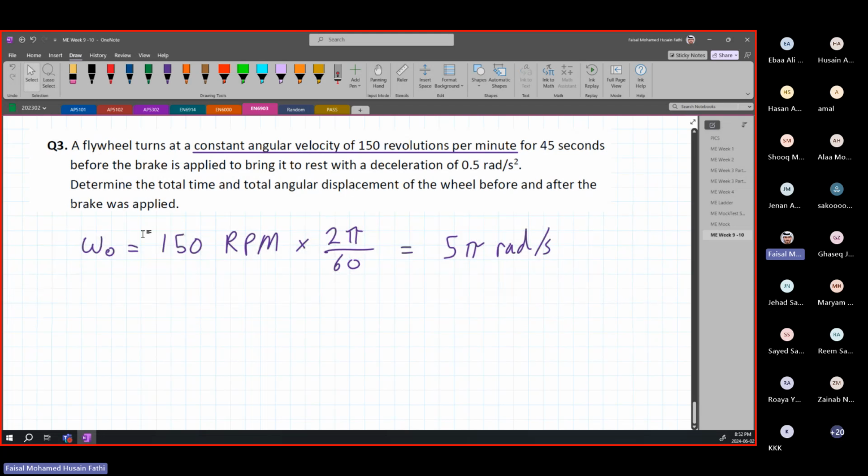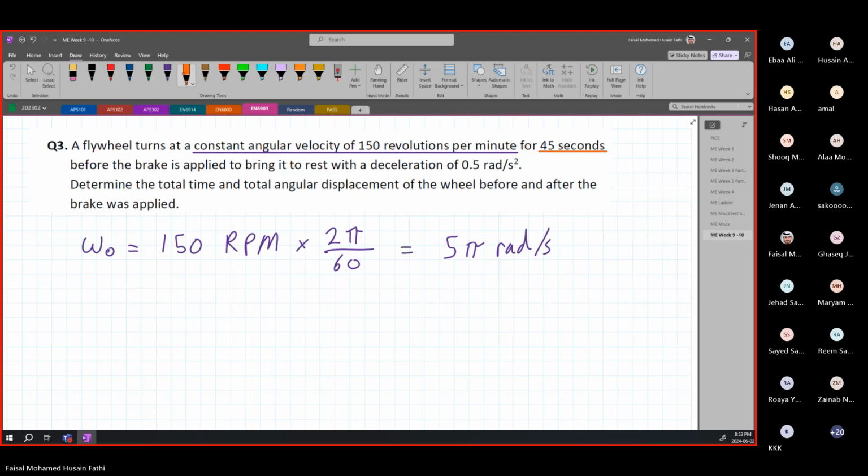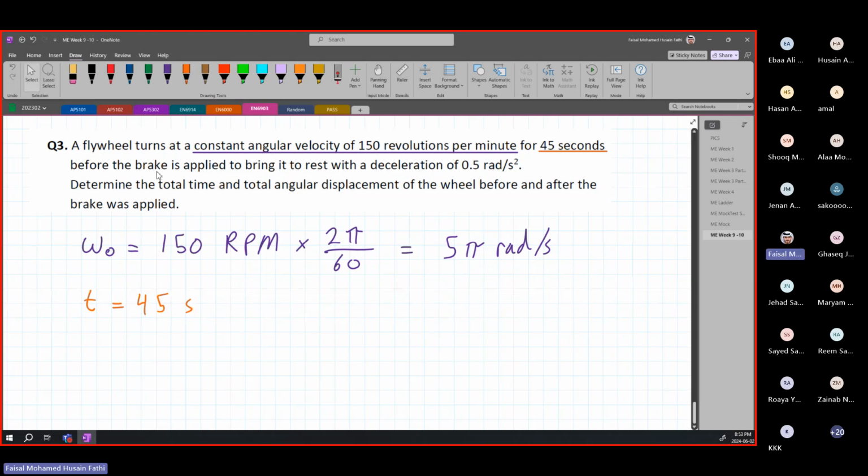From the very first sentence, I got that my omega 0 is in RPM. The first thing I do is convert it into radians per second. So the flywheel turns for how long? For 45 seconds. So our time is 45 seconds before the brake is applied to bring it to rest, meaning it is going to go to rest.